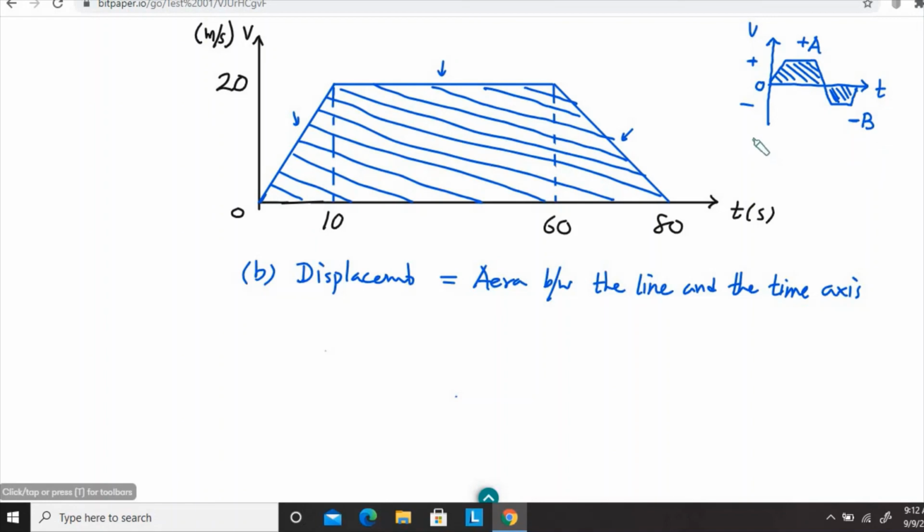So then the total displacement, or net displacement, for this situation would be plus A plus minus B, or simply you can write it as A minus B. So keep that in mind.